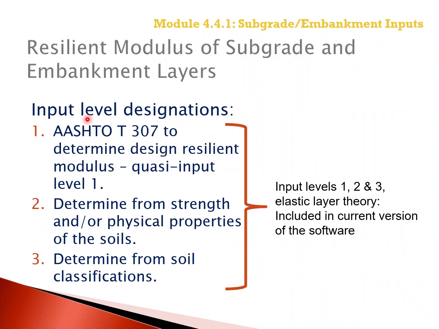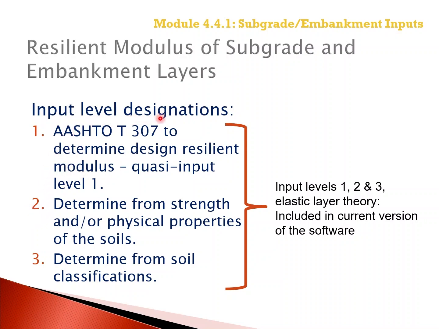So how do we handle that? Here are the input level designations for the current version of the software. Input levels 2 and 3 are the same, as we've already discussed in the software and in earlier segments of this submodule.